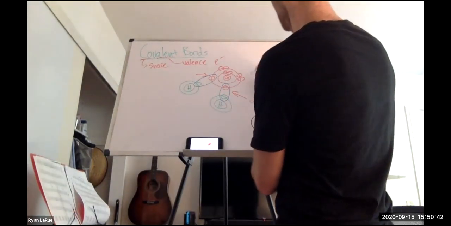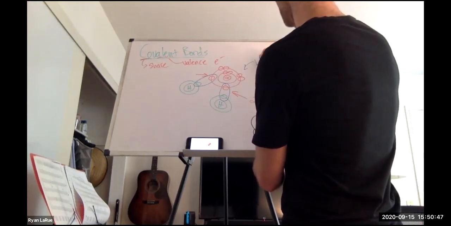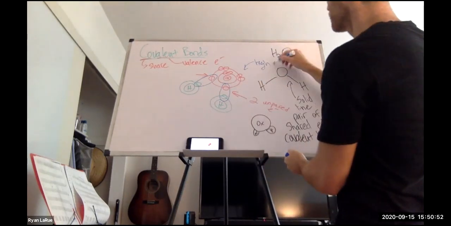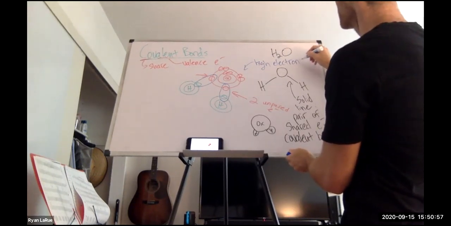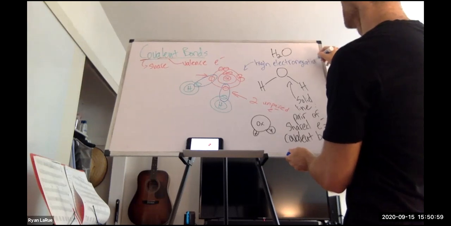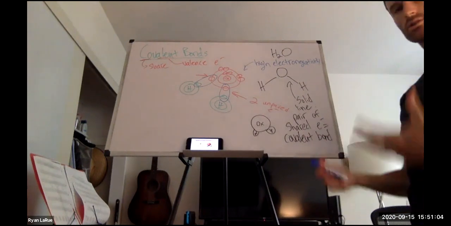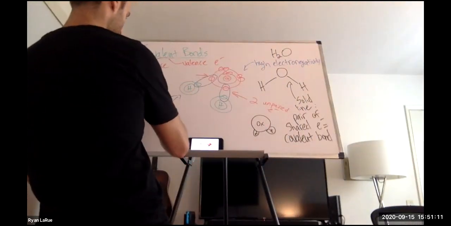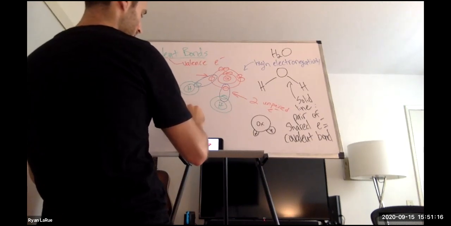So I'm going to write that in. This oxygen here has high electronegativity. All oxygen atoms do. Electronegativity. Fancy word, and we'll talk about what that means. Conversely, hydrogen atoms have low electronegativity. So both of these hydrogens here have a low electronegativity value.